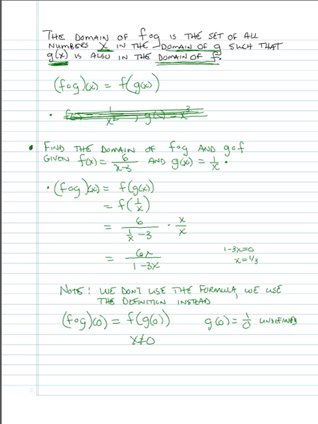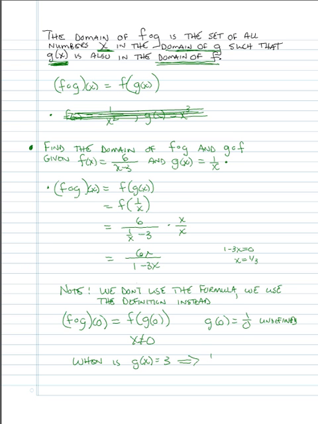Now, the other thing we have to be worried about here is that we can't use an x that causes g of x to be 3. The problem is g of x is going to go into the function f. So when is g of x actually equal to 3?